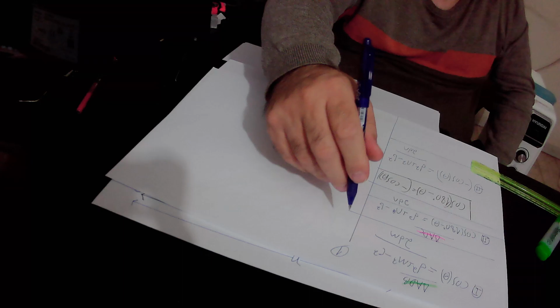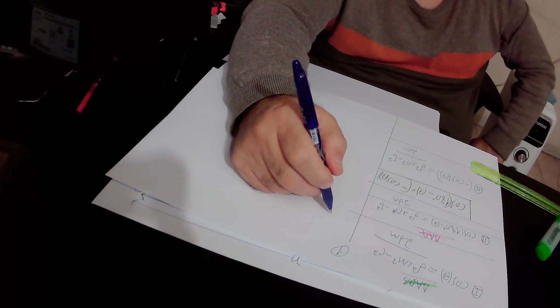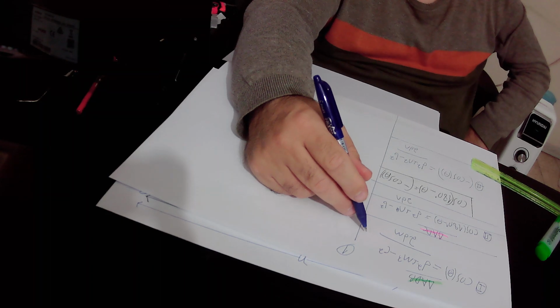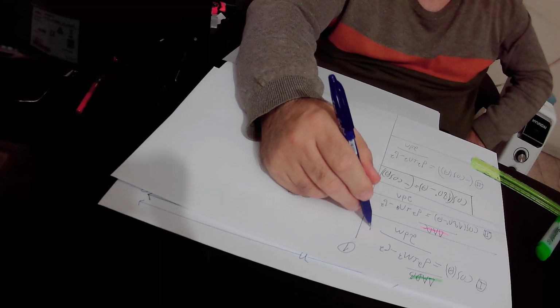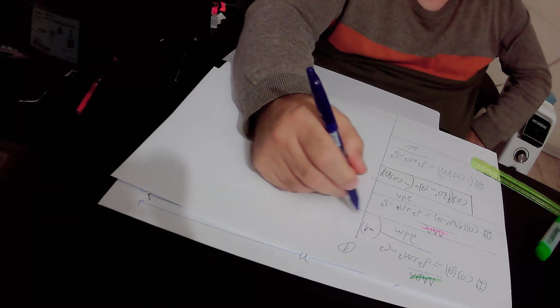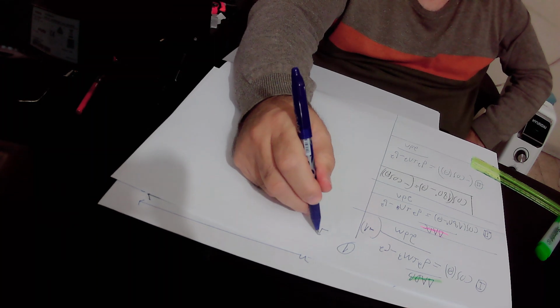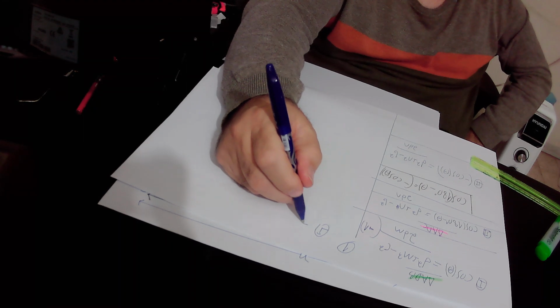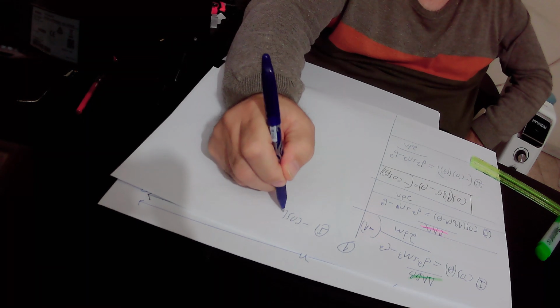So, in the next step, we'll multiply equation number 1 by minus 1. And we get that according to equation number 1, cosine theta times minus 1 is minus cosine theta.